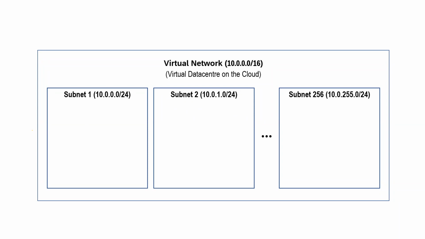Okay, sir. This is Zulfikar. Out of 256, two subnets cannot be used, two are left.